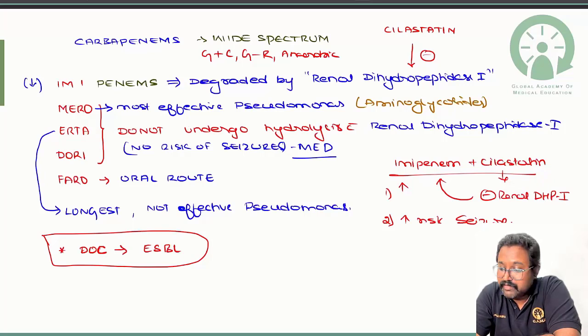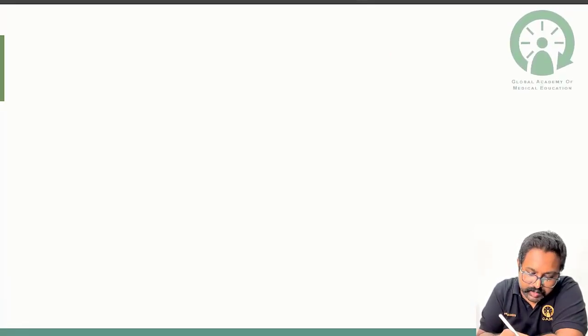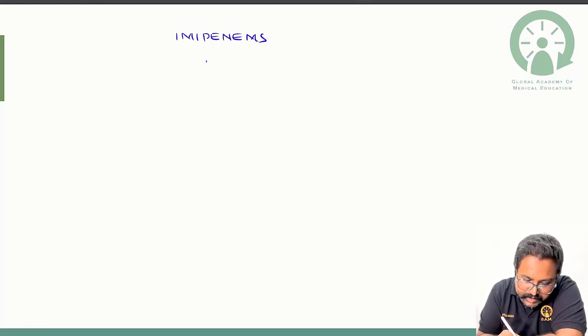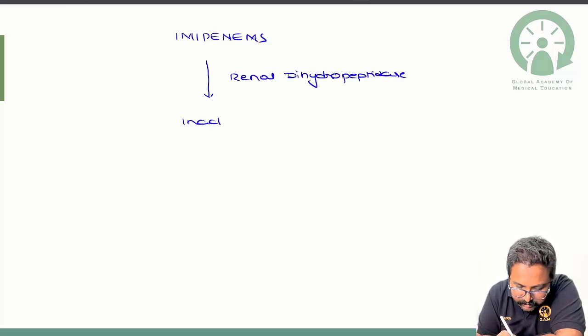So these are the very important things you should remember from the carbapenems. Just to write it: imipenem is degraded by renal dihydropeptidases to an inactive metabolite.